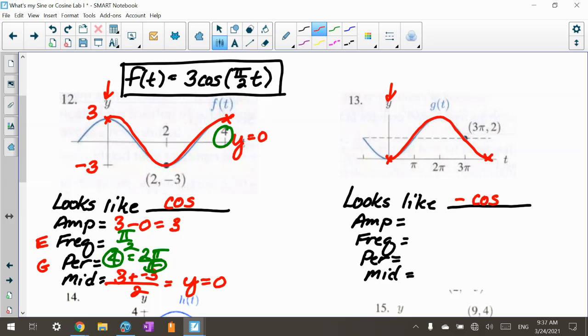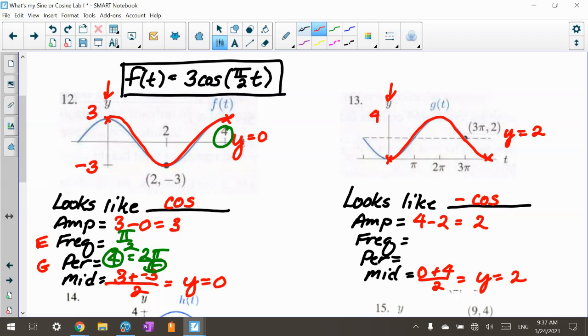Okay? Come down for your midline. It looks like, because this is the 3 pi over 2, y equals 2 is my midline. So this is 0, so this must go up to 4. So 0 plus 4 divided by 2 is y equals 2. So there's my midline. My amplitude is high minus my midline. So there's my 2. Yes, I want to see that.